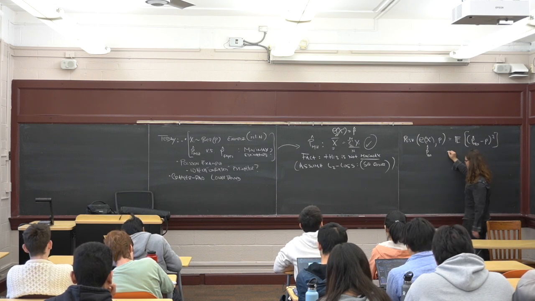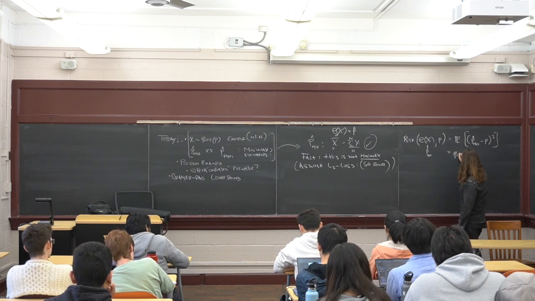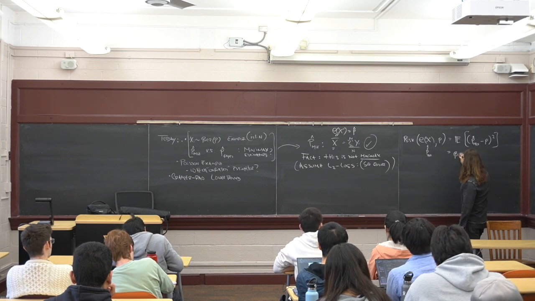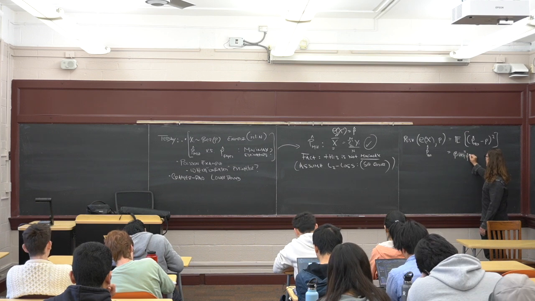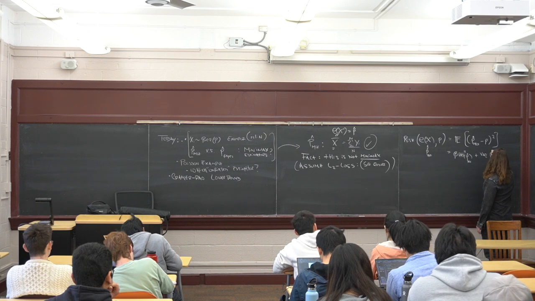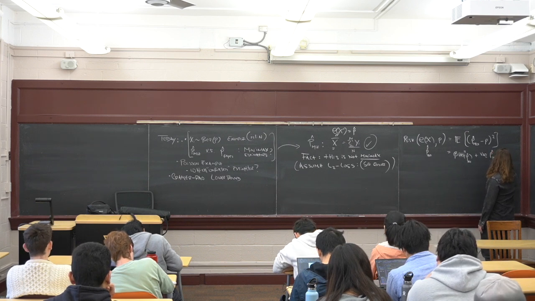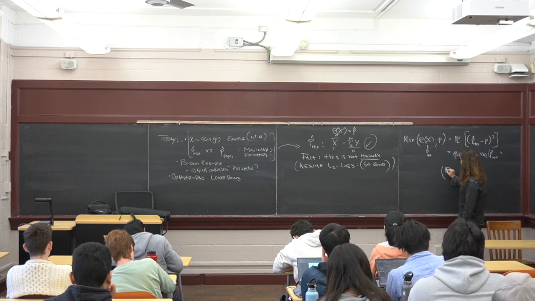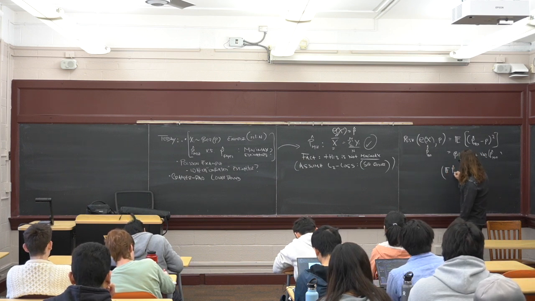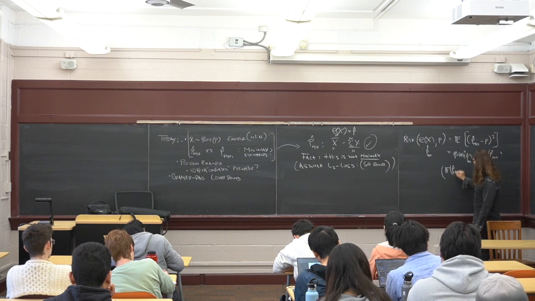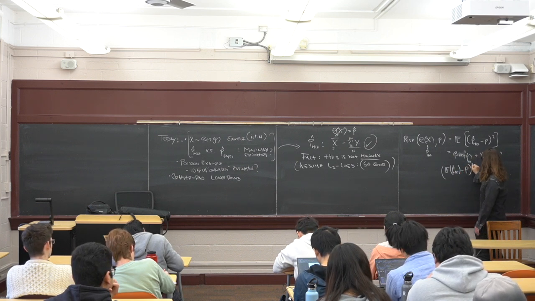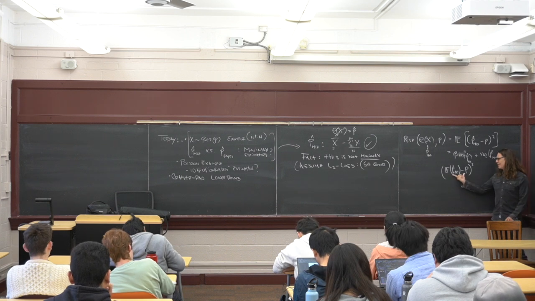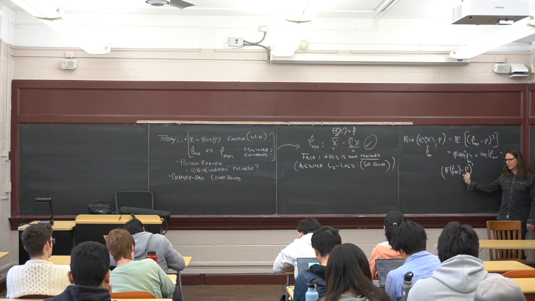You're taking that expectation. We've seen before, this can be decomposed into the bias squared of P hat plus the variance of P hat. The bias is just going to be the expected value of P hat minus P, squared. Nice thing is, I don't have to think about positive or negative direction.